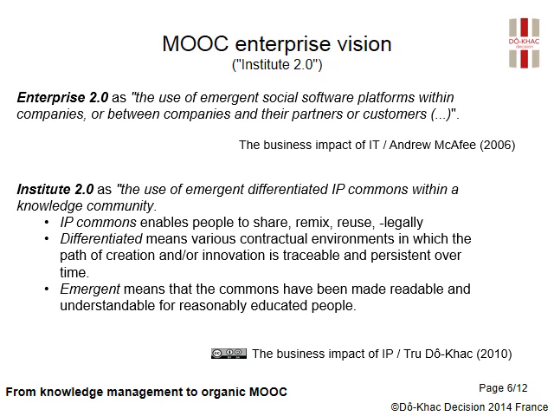IP commons enable people to share, remix, reuse legally. Differentiated means various contractual environments in which the path of creation is traceable and persistent over time. Emergent means that the commons have been made readable and understandable for reasonably educated people.